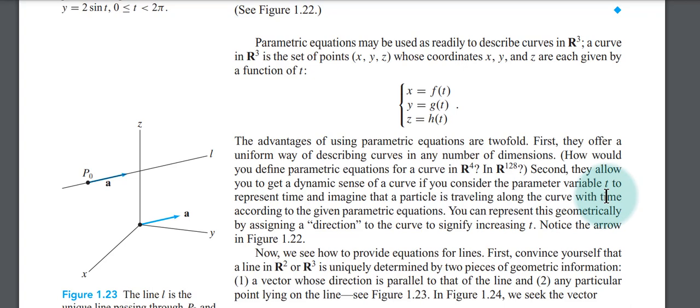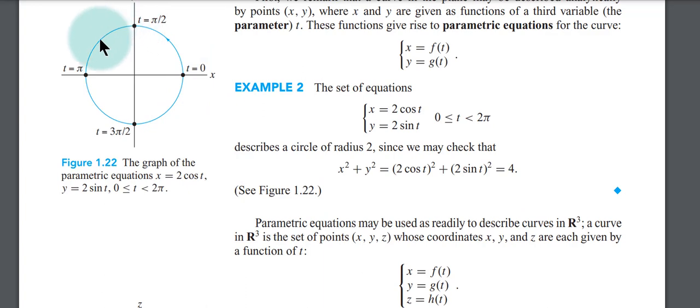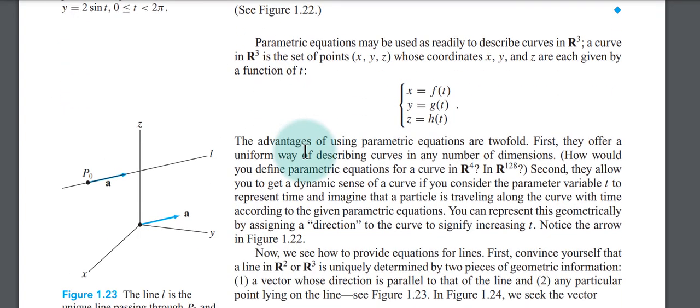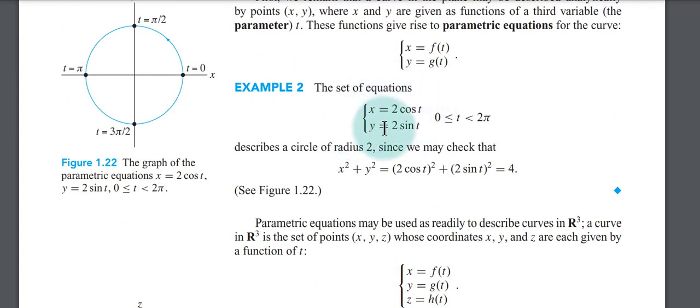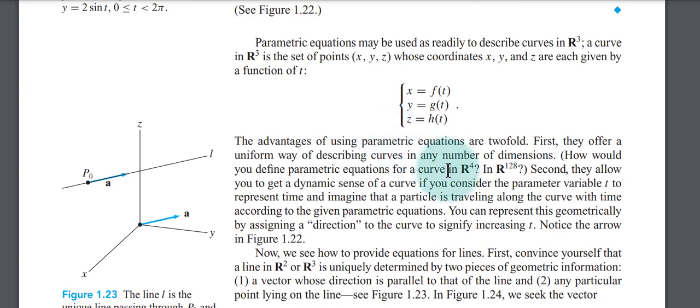If you consider the parameter variable t to represent time, imagine that a particle is moving along the circle according to the given parametric equations. Okay. You can represent this geometrically by assigning a direction to the curve. So that's an advantage of parametric equations, that they have a direction, or that you can think of the fact that there's a direction.